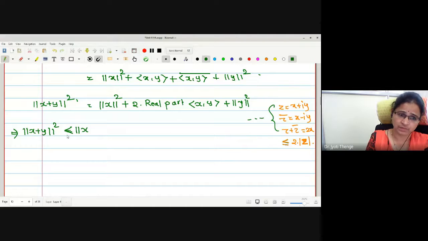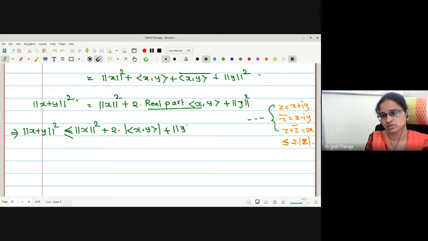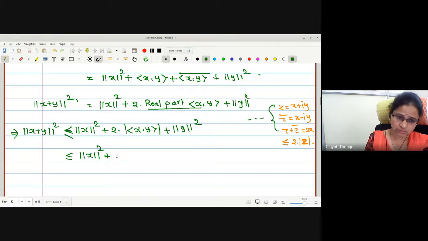Therefore equality will now become less than or equal. This 2 times real part we were writing less than or equal to 2 times modulus of that complex number, plus norm square y. But by Schwarz's inequality, what we have proved just now, this is less than or equal to norm x into norm y.